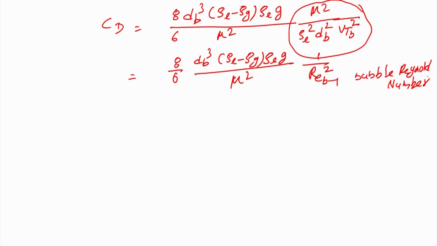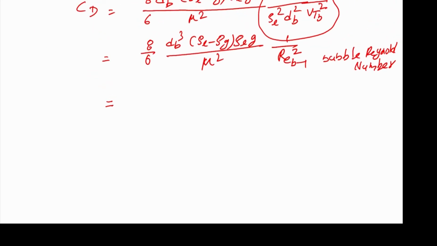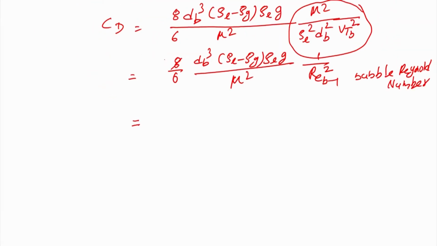Now, this function whatever we are saying is called the Archimedes number. If you write it here, it is 8 by 6, or better, 4 by 3. So, you will write 4 by 3 Archimedes number upon Reynolds number of bubble square, and that will be the CD value.